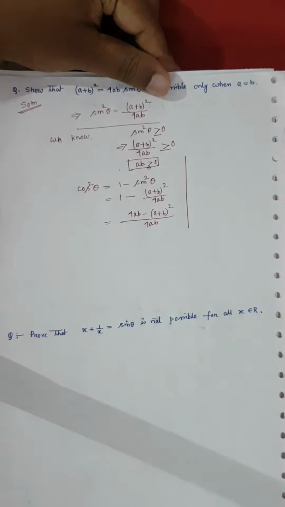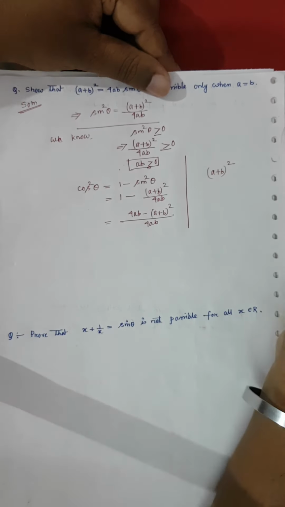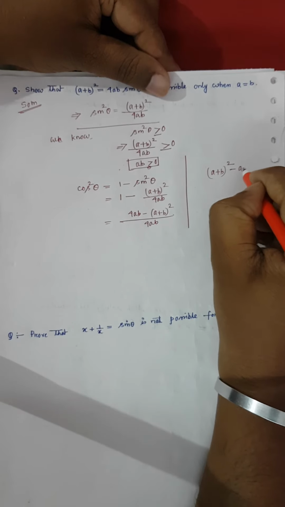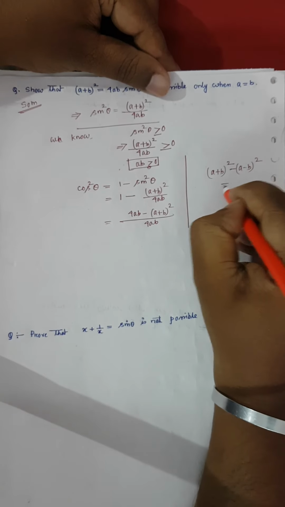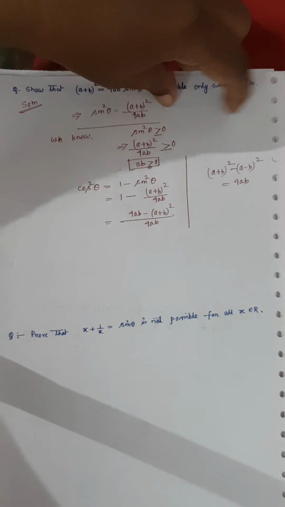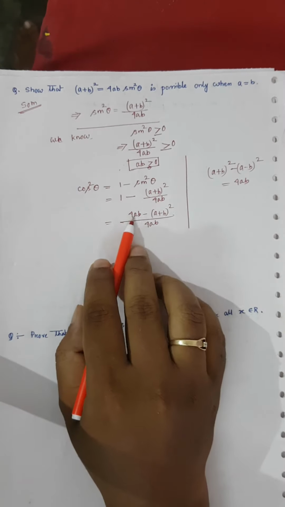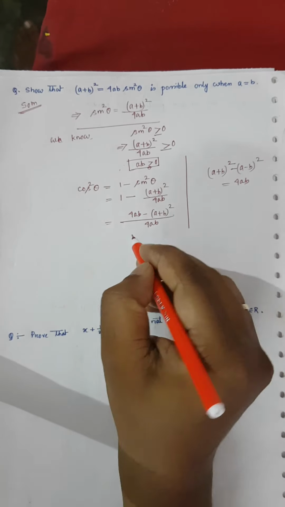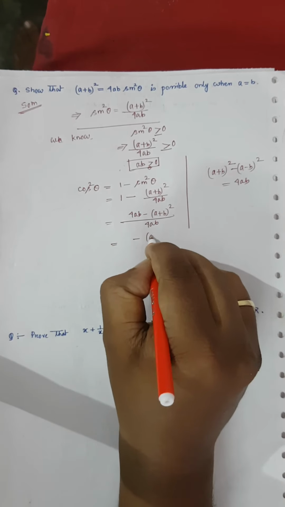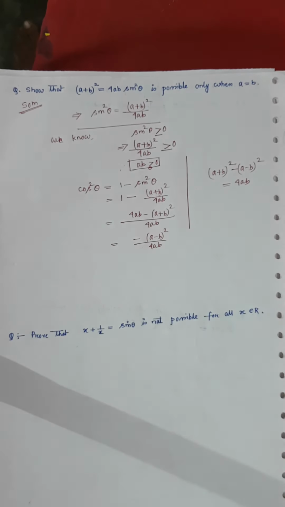See, from class 8 we know a plus b whole square minus a minus b whole square is equal to 4ab. The difference of a plus b whole square and a minus b whole square is 4ab. So we can write 4ab minus a plus b whole square is equal to minus of a minus b whole square by 4ab. Now again we are writing cos square theta.